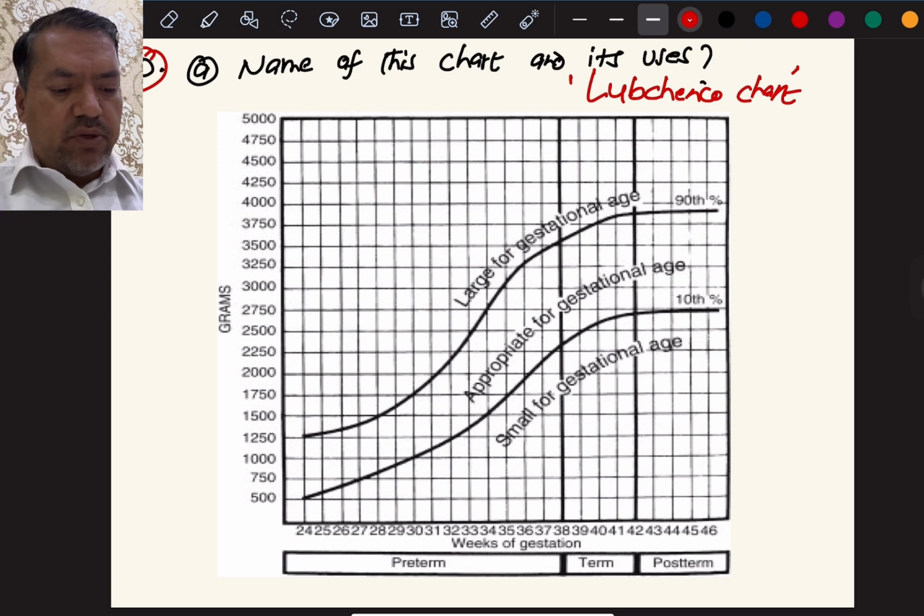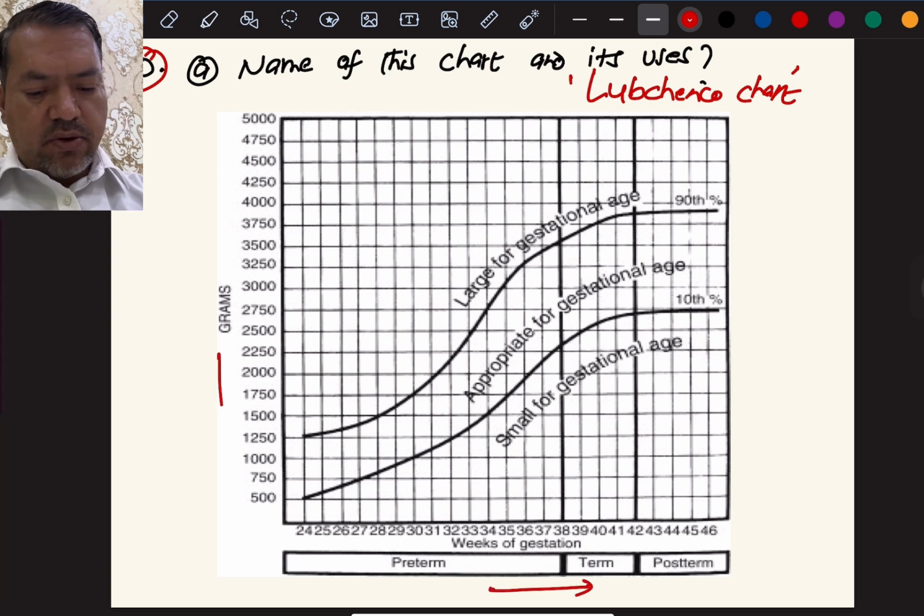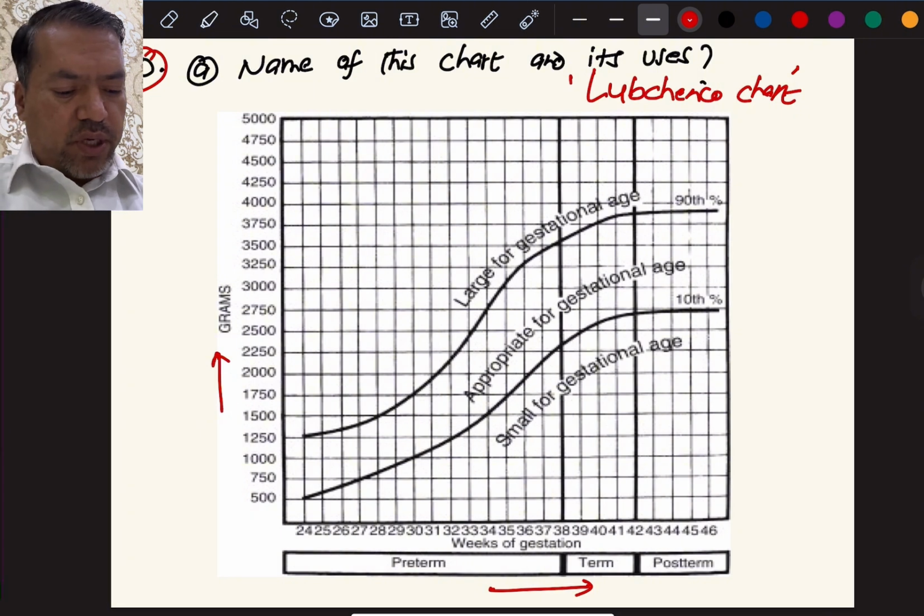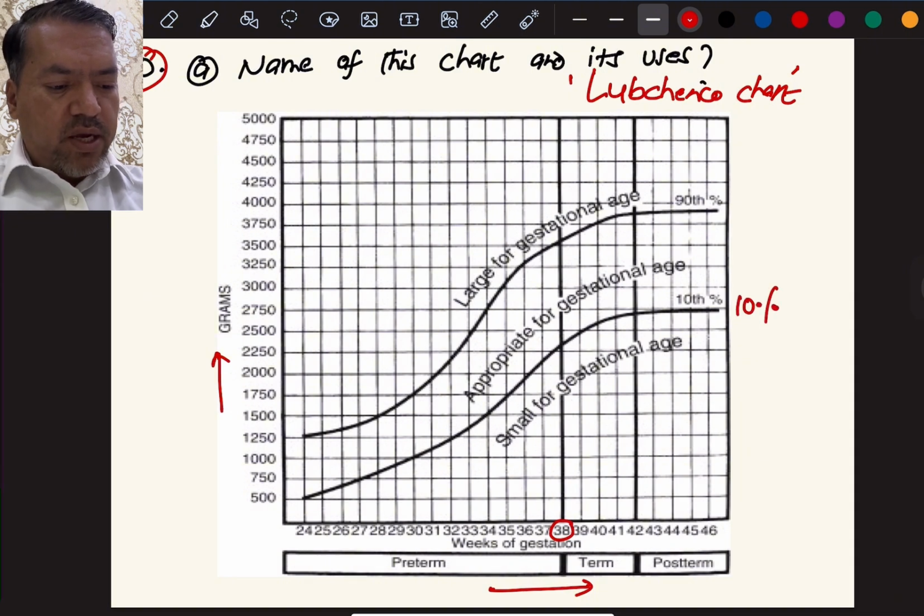Now see this. This is the gestational period here, and this is the weight of the baby. So according to the gestational age or period, we take the weight of the baby and we plot the weight in this graph or curve. If the weight of the baby falls below the 10th percentile, this is called small for gestational age or small for date baby.